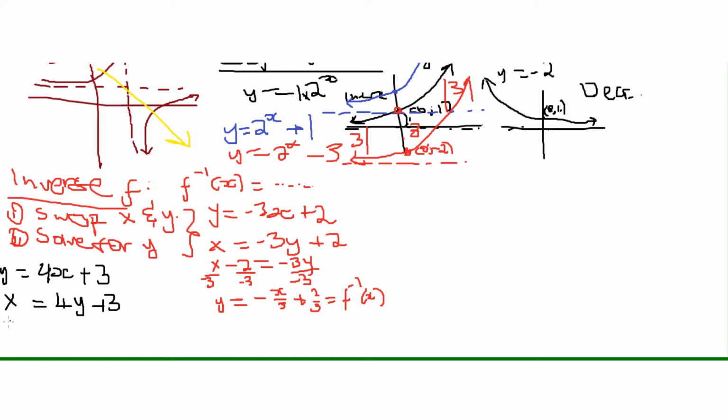You take 3 to the other side and solve using the second step, whereby it's equals to 4y. You divide everything by 4. Then you'll be left with x over 4 minus 3 over 4 equals y. So this equals your inverse function.